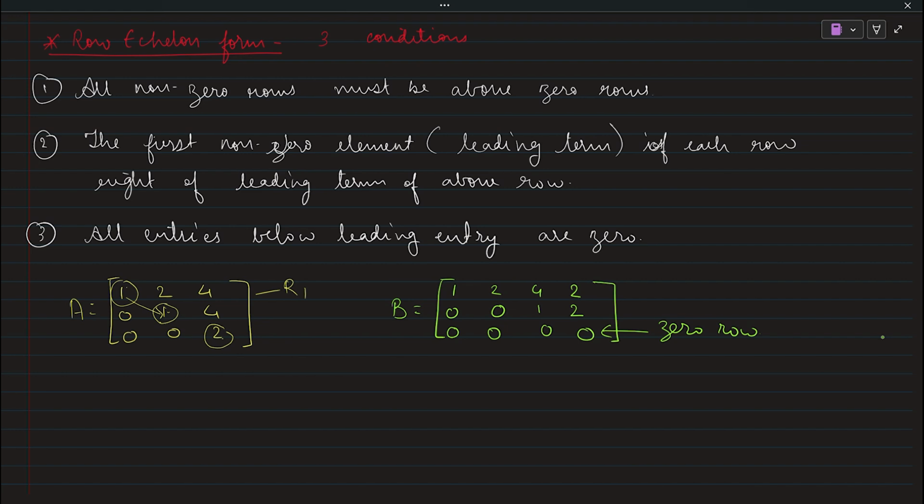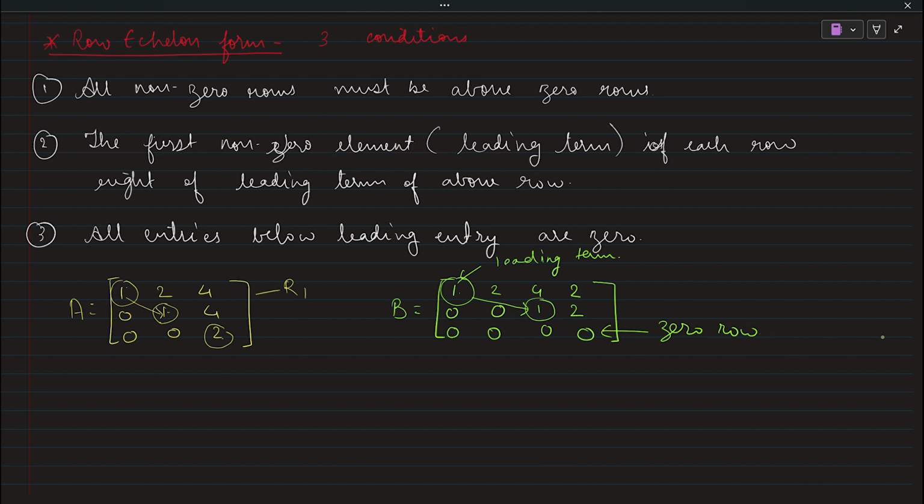Okay, now let's check the second condition. Here, this one is the leading term or leading entry, and the leading entry for the second row is to the right side of this leading term. That means the second condition is also satisfied. Now let's check the third condition.